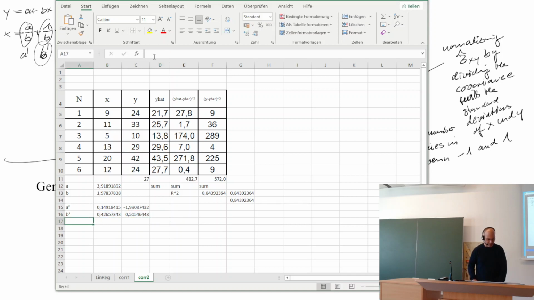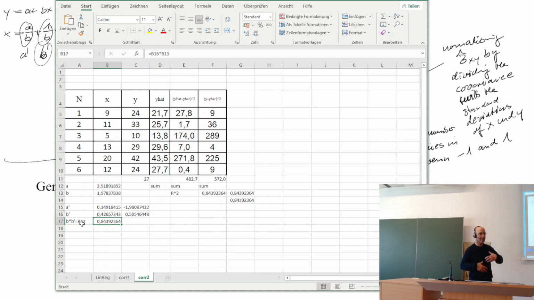No, it was this one. It is this times this. And do you see what this number is here? 0.84. Yeah, r, not r prime, but r squared. So this is b times b prime, and this equals r squared.